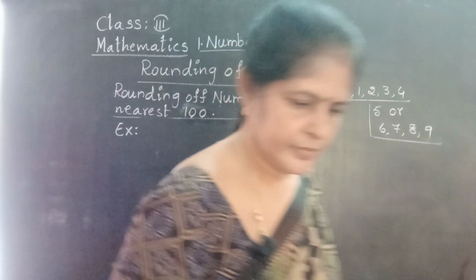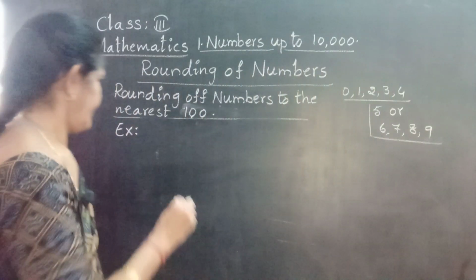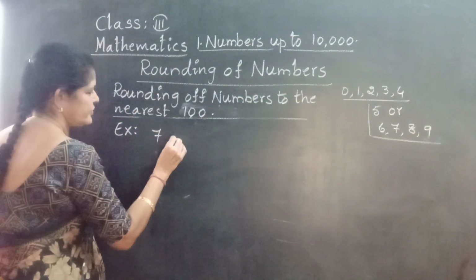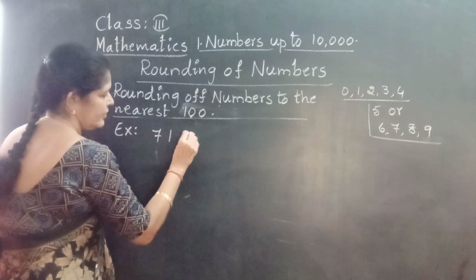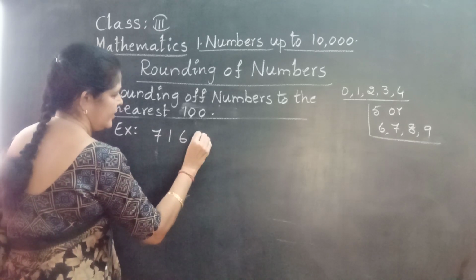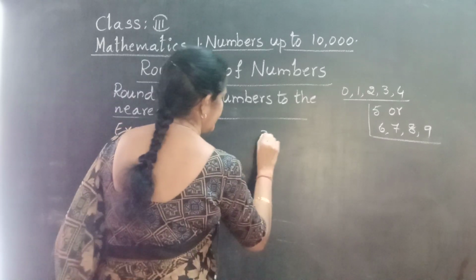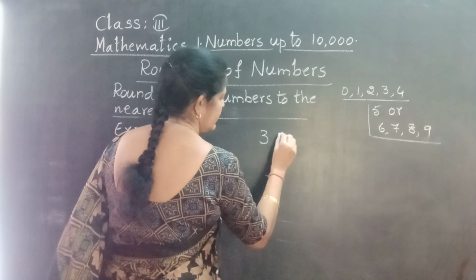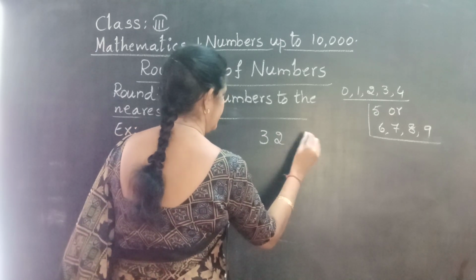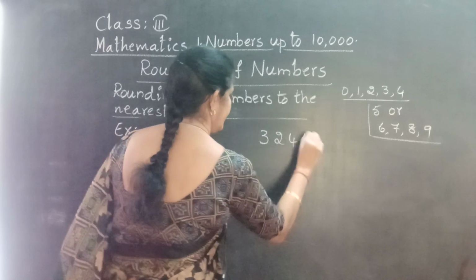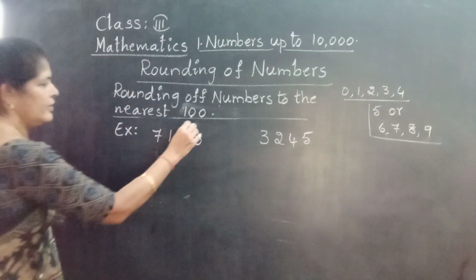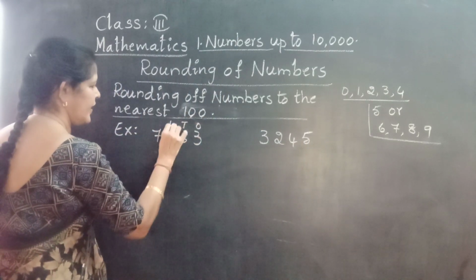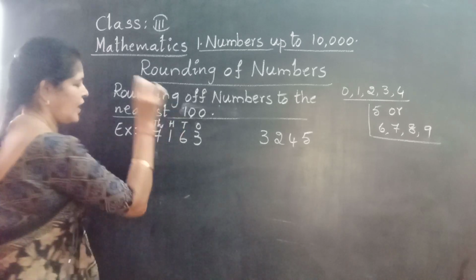Another example. 7,163 and 3,245. See, ones place, tens place, hundreds place, thousands place.